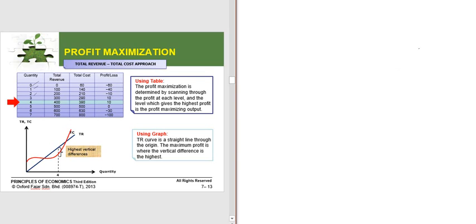To calculate the profit or loss, you take total revenue minus total cost, TR minus TC, so you get the profit. Your objective as a firm is to maximize your profit, meaning you are going to find the biggest value for total revenue minus total cost.